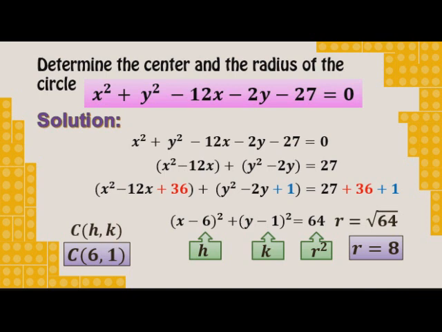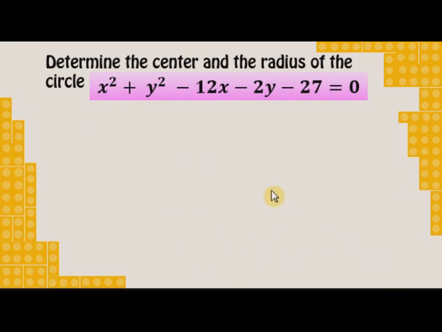Okay, let's have another method for that. Same question or same equation, but this time we are going to use a different method. Now, we are going to use what you have learned from part 1 of our module 8.